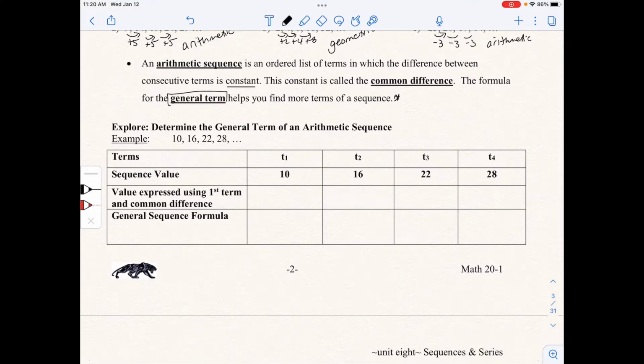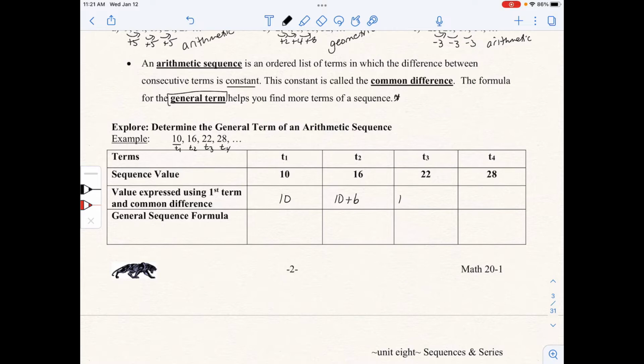So if our first term in this sequence is 10, and our second term is 16, and our third term is 22, and our fourth term is 28, what we've done is we've written those out. Now the value expressed using the first term and the common difference: here we would say this is just simply 10 by itself. If I wanted to write 16 with respect to the first term, that's equal to 10 plus 6, right?